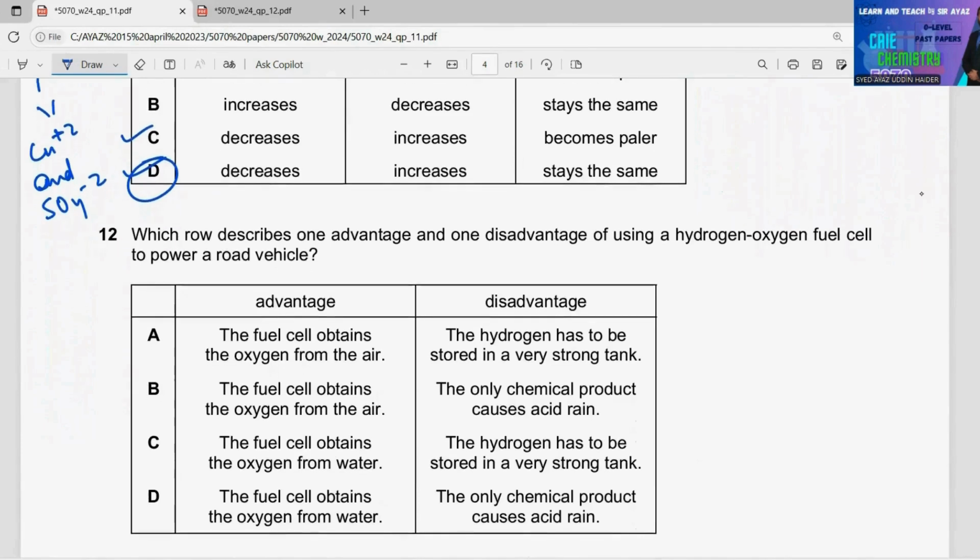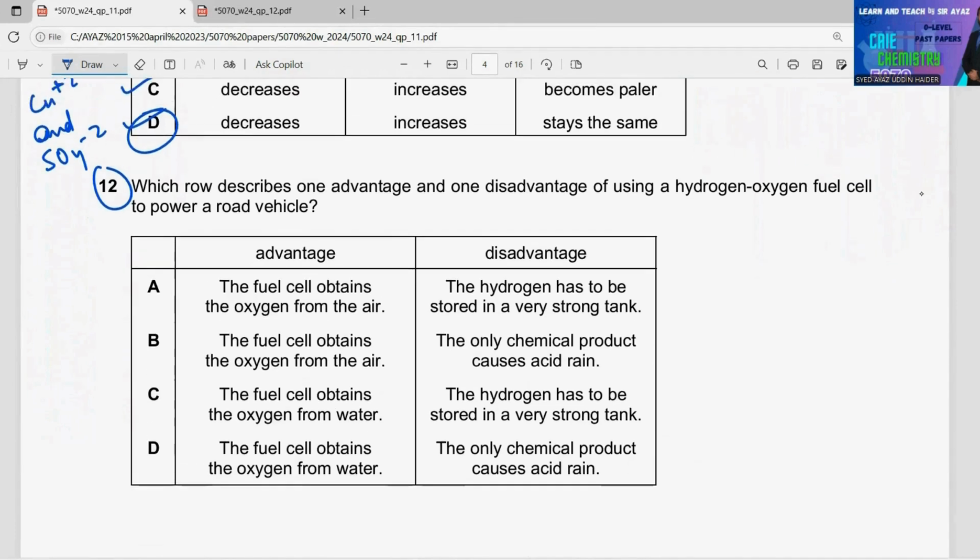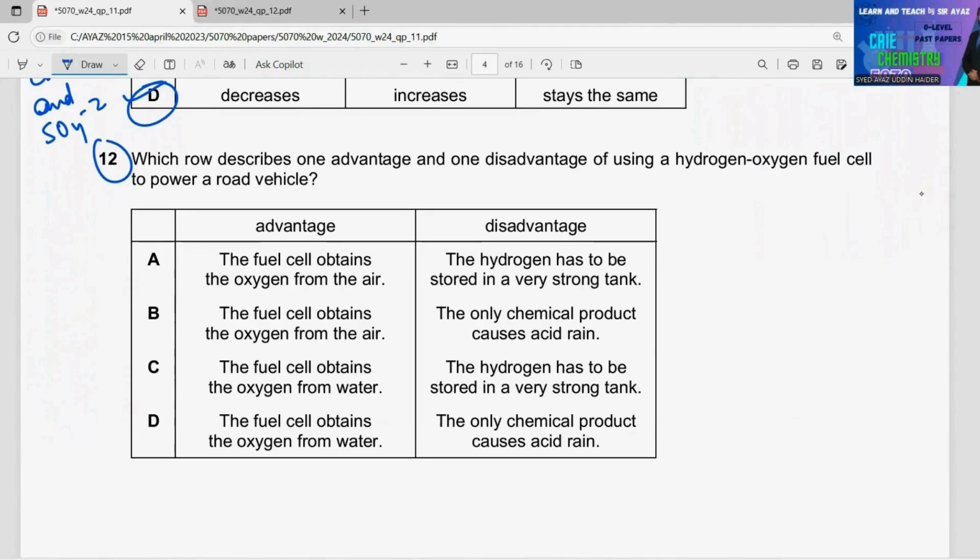Moving to the next MCQ, which is 12. Which row describes one advantage and one disadvantage of using a hydrogen-oxygen fuel cell to power a road vehicle? A. Fuel cell obtains oxygen from the air.